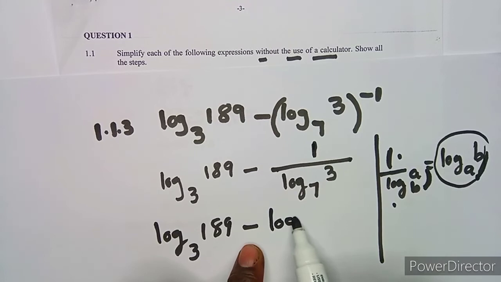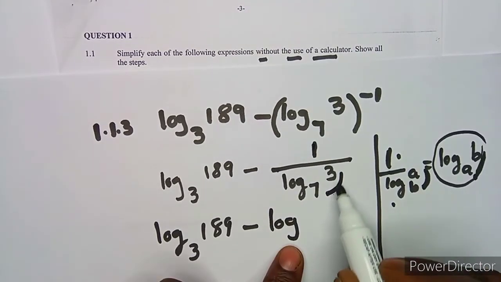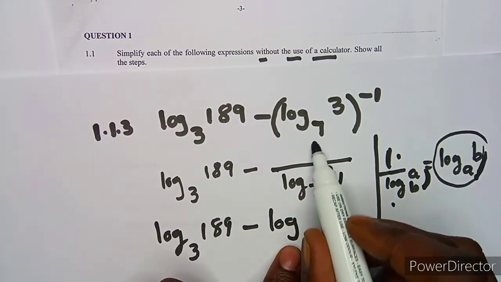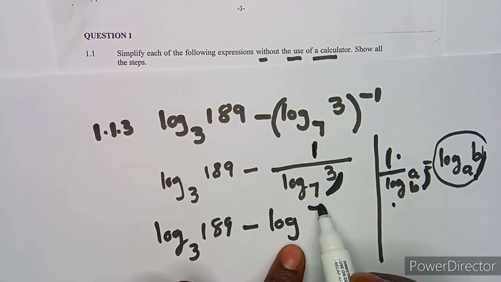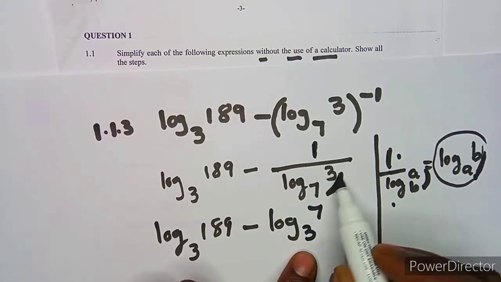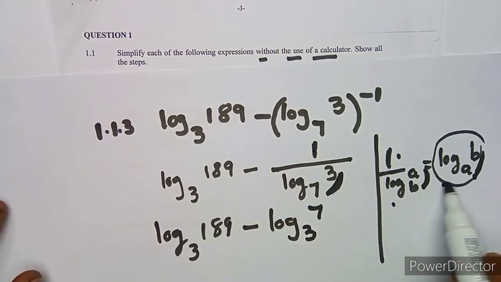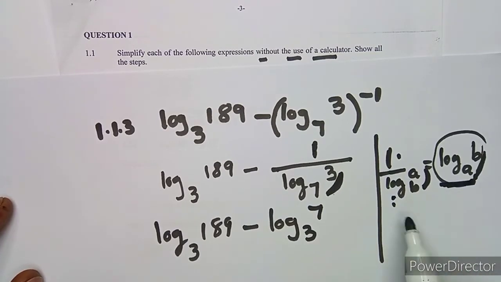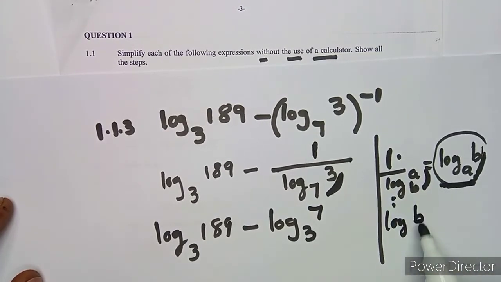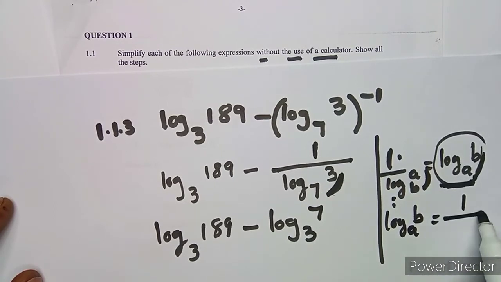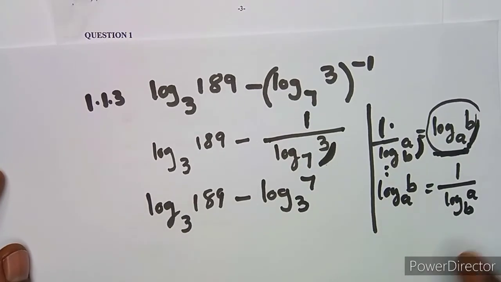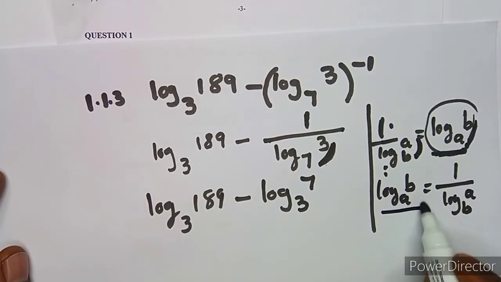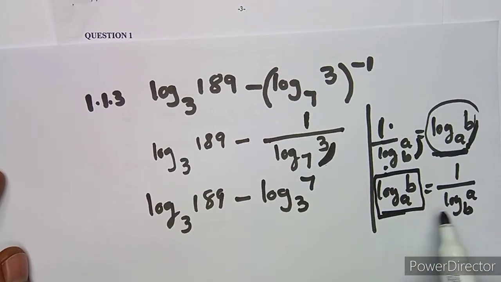So it's going to give me log, I interchange these two numbers. That is to remove this 1 over. So it's going to be 7 base 3. Take note, you interchange the numbers. So like this and this, they are equal. What we simply say is that log b base a is equal to 1 over log a base b, like this. So when you are given 1 over, you can write it as a normal log like this, but you interchange these two. That is the concept.